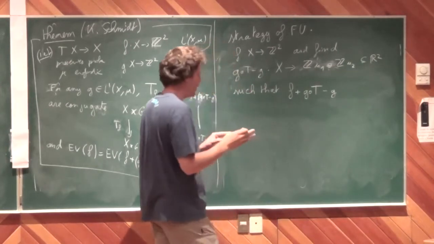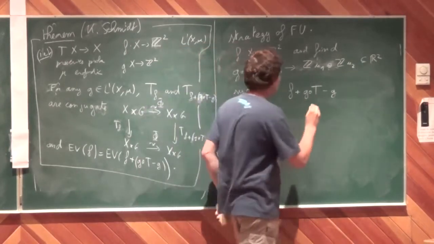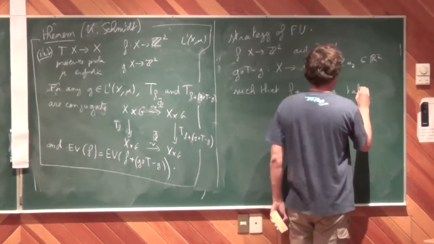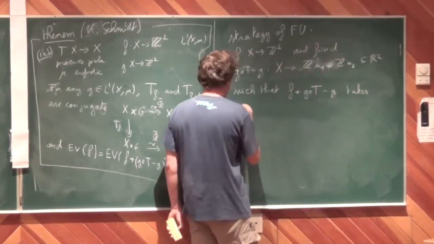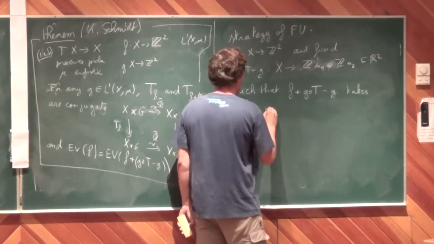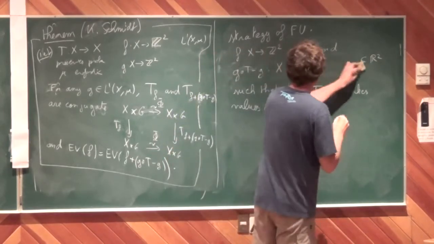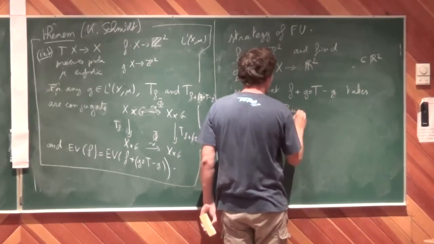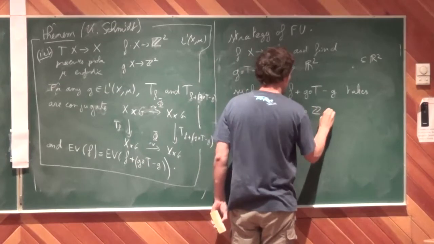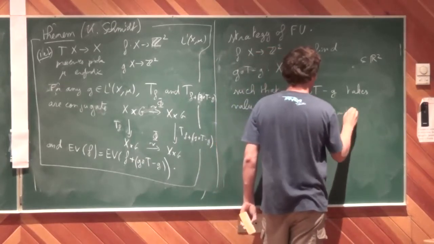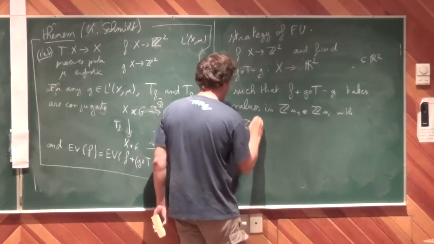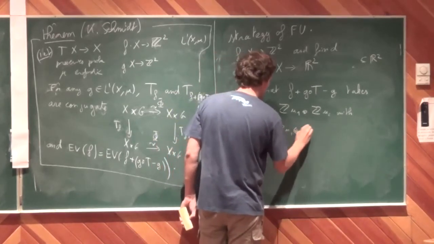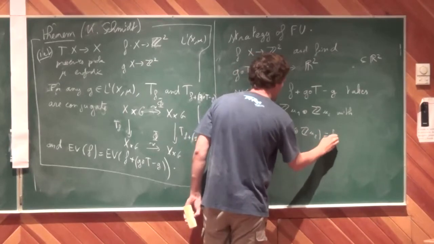Such that your sum, so this is also a function that I want to consider as a skew product, takes values in R2 in Zu1 plus Zu2, with Z2 intersected with that guy reduced to 0.